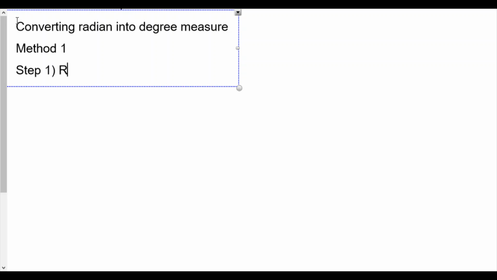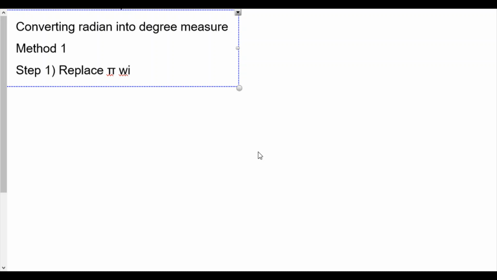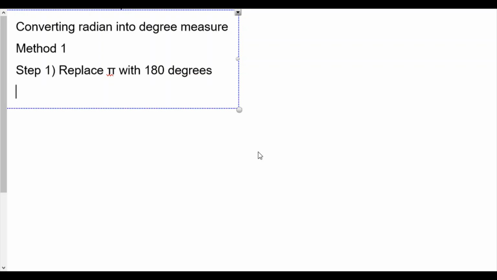Method one, step one, we replace pi with 180 degrees. Step two, simplify the fraction.